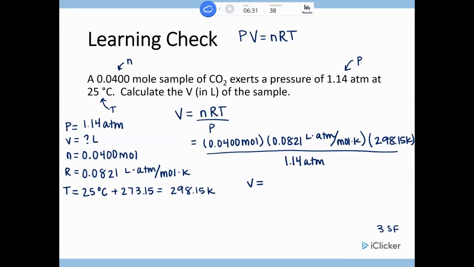The only unit we're left with is liter, and that's what we're looking for for the volume. So the value here, if you simplify the fraction, is 0.859 liters. Again, we can make sure this makes sense. Actually, no, we can't. Never mind, it's not a comparison. But this is our volume of this gas at a certain temperature, certain amount of moles, and pressure.